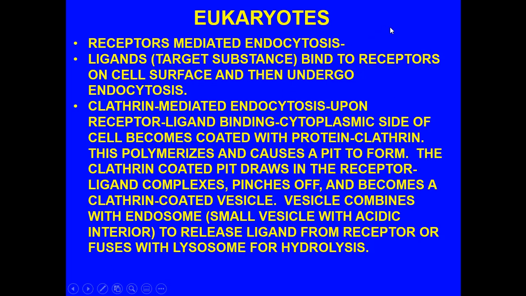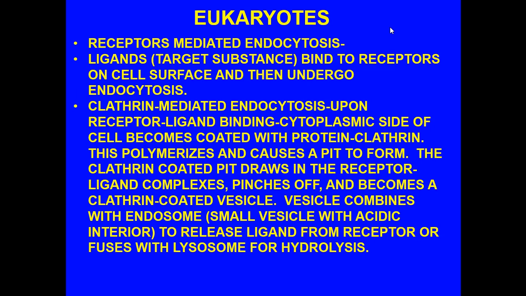Now, there's this particular type of endocytosis called receptor-mediated endocytosis. A target substance that is to be brought in is called a ligand. The ligands will bind to receptors that are on the cell surface, and then they undergo endocytosis. Then we have a process called clathrin-mediated endocytosis.